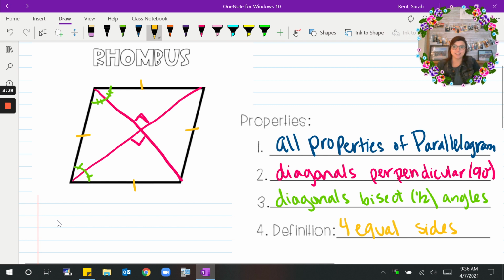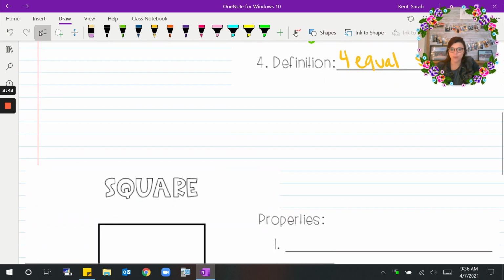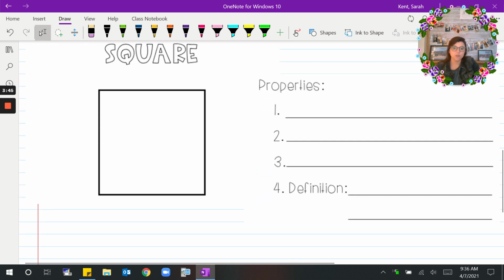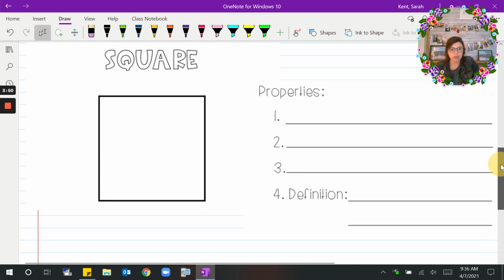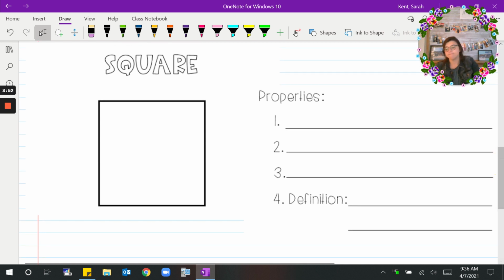All right, and then lastly, we have a wonderful little square. So for our square, he honestly is not very special because all our square does is copy everybody else. So our square, number 1, has all properties of a parallelogram.